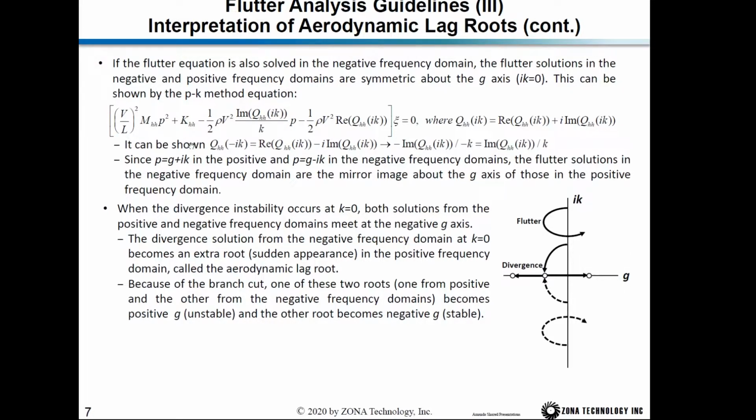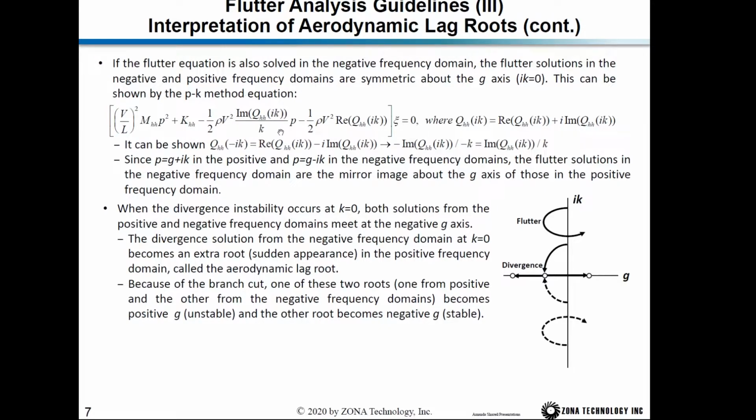This can be shown by the pk method. So if k is positive, then QH equals the real part plus i times the imaginary part. If we plug in the negative k, the real part is the same, but the imaginary part switches sign.